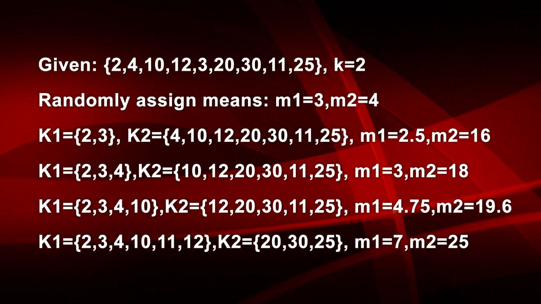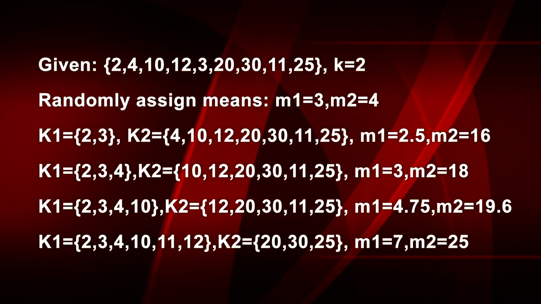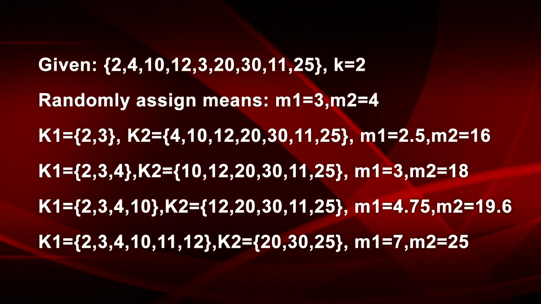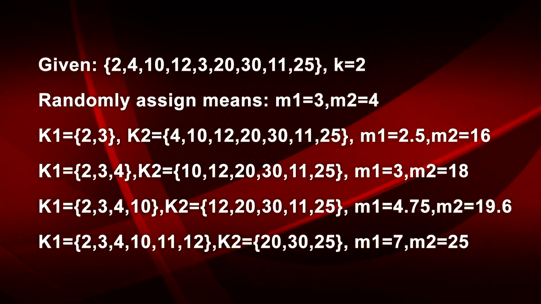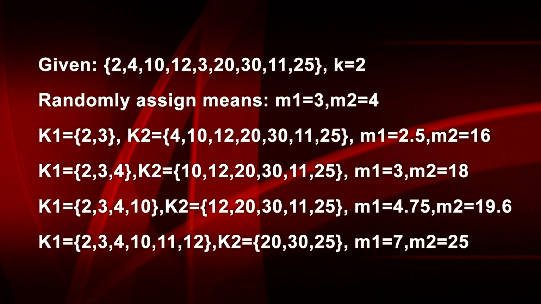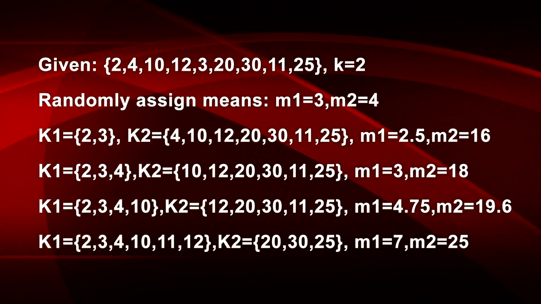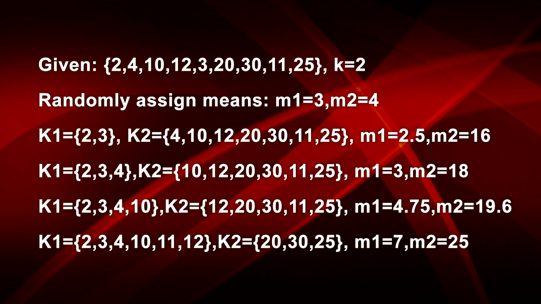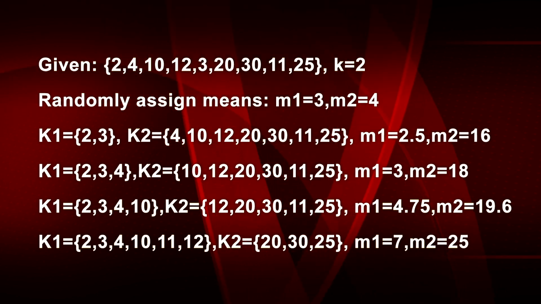Now, again point 2 will fall under K1, point 4 will fall under K1 because they are close to 2.5 rather than 16, and you will also see that there is one more point in the middle of this given data, 3, which will also fall under K1 because all these 3 are closer to 2.5, whereas the remaining points 10, 12, 20, 30, 11 and 25 are closer to 16 rather than 2.5. So, I put them in the second cluster K2 and the list is shown in the 4th bullet.